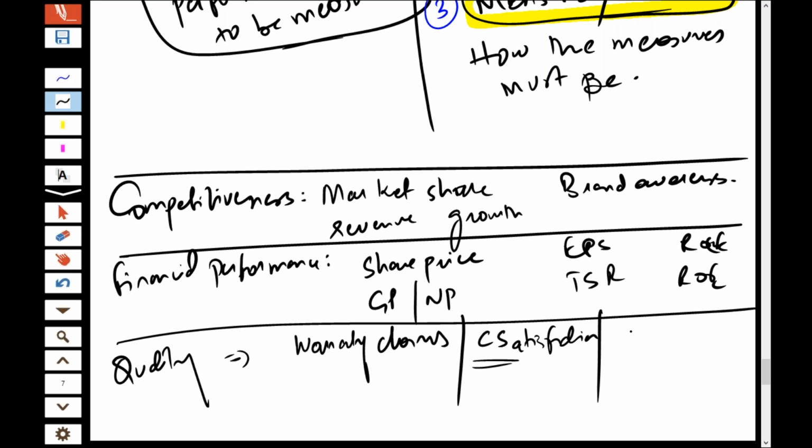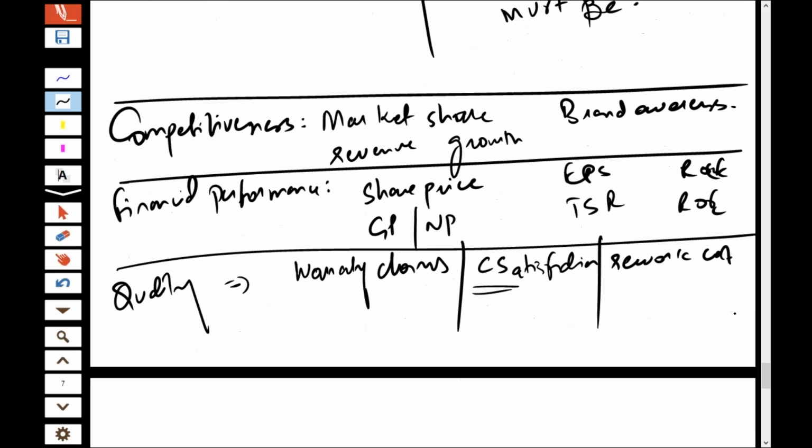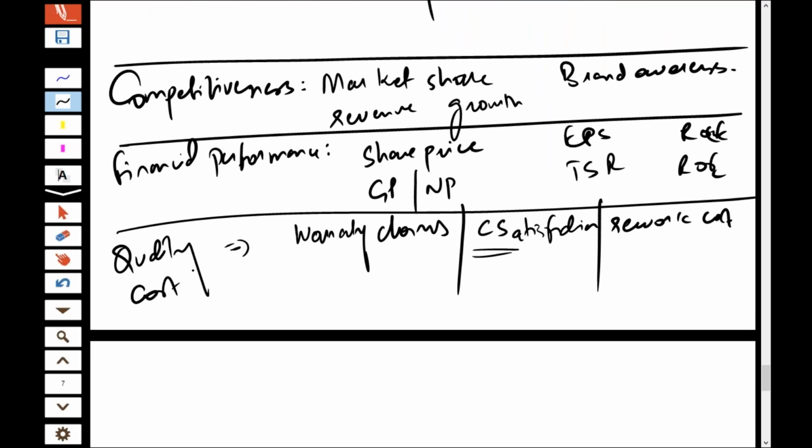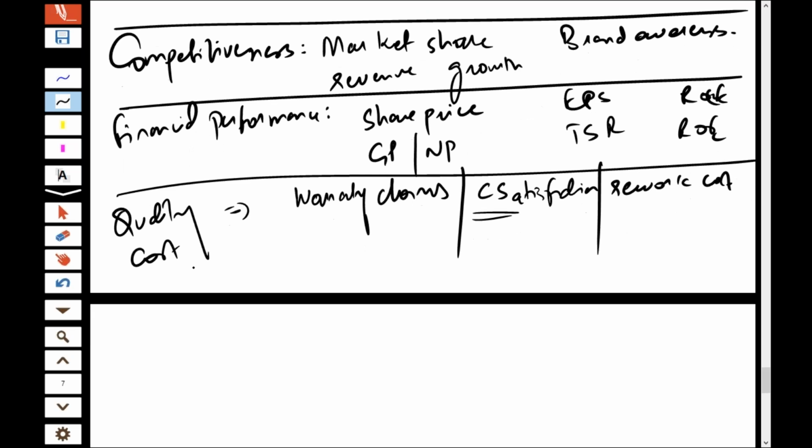So you've got the warranty claims, the customer satisfaction, the rework cost, etc. All of that is going to be considered as quality related cost.